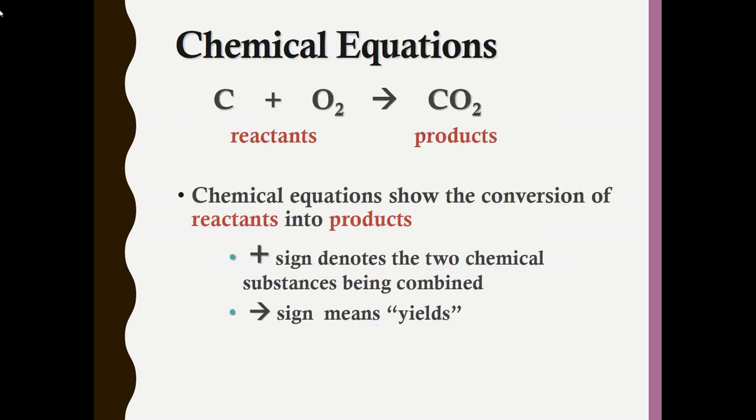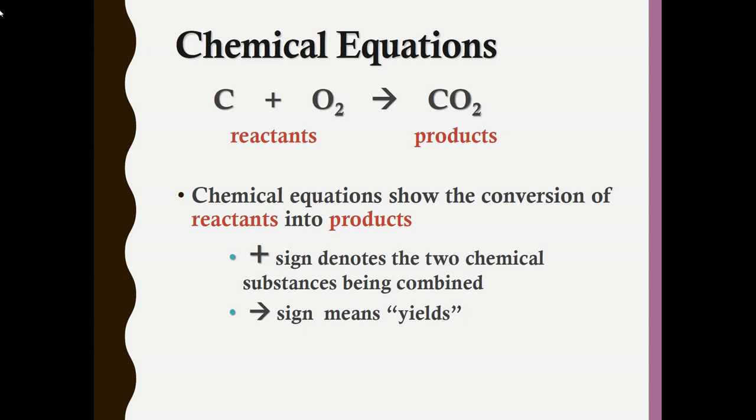Now, if I add carbon and oxygen, we are going to get carbon dioxide. So I can say C plus O2, because oxygen is a diatomic molecule, and I'm going to get carbon dioxide. So chemical equations show the conversion of reactants into products. Two different elements are reacting and making a different product.